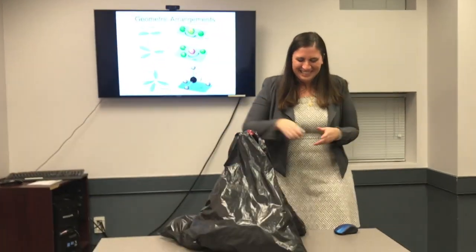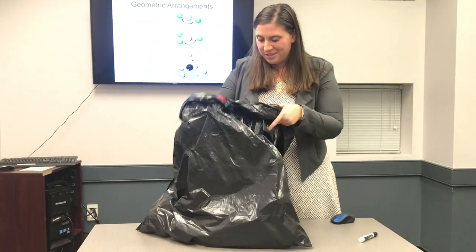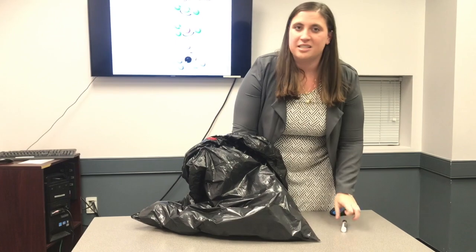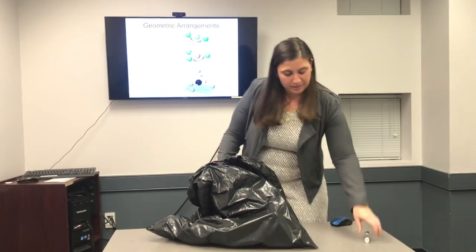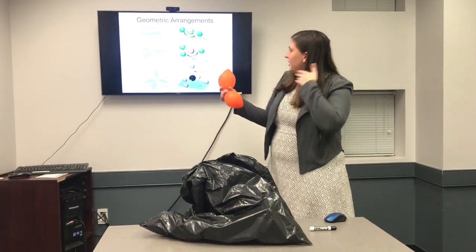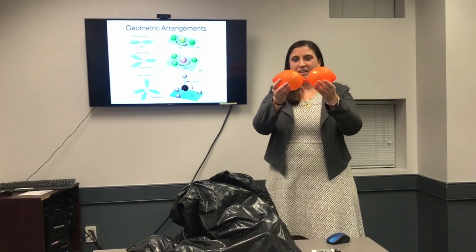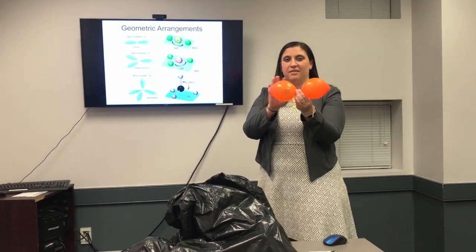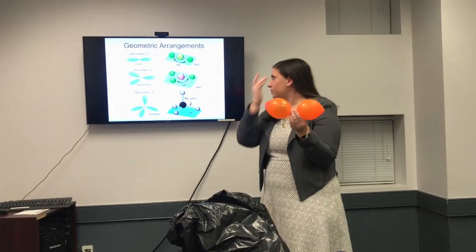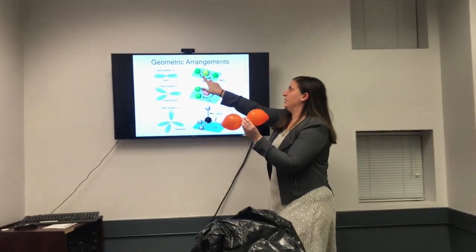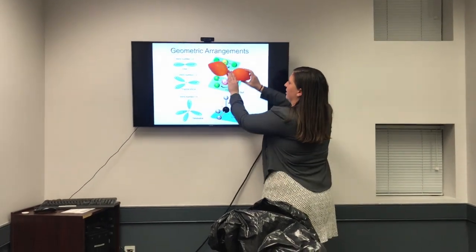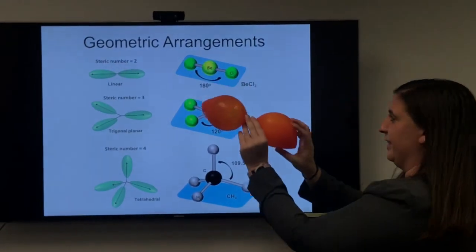Okay. So today, we will use balloons to help us understand the VSEPR theory. So starting with, we have 2 balloons tied together, and this is representative of the linear geometry, where the 2 atoms are 180 degrees away from the central atom.